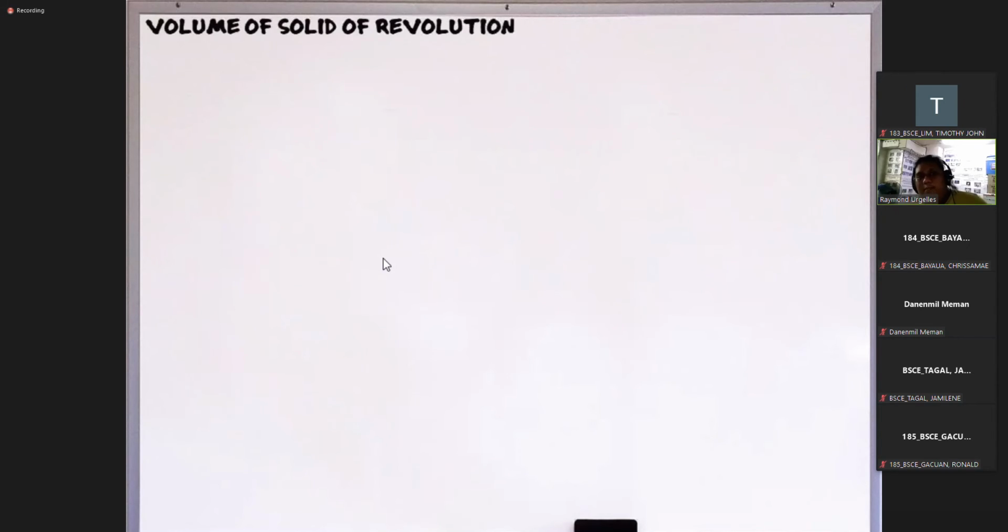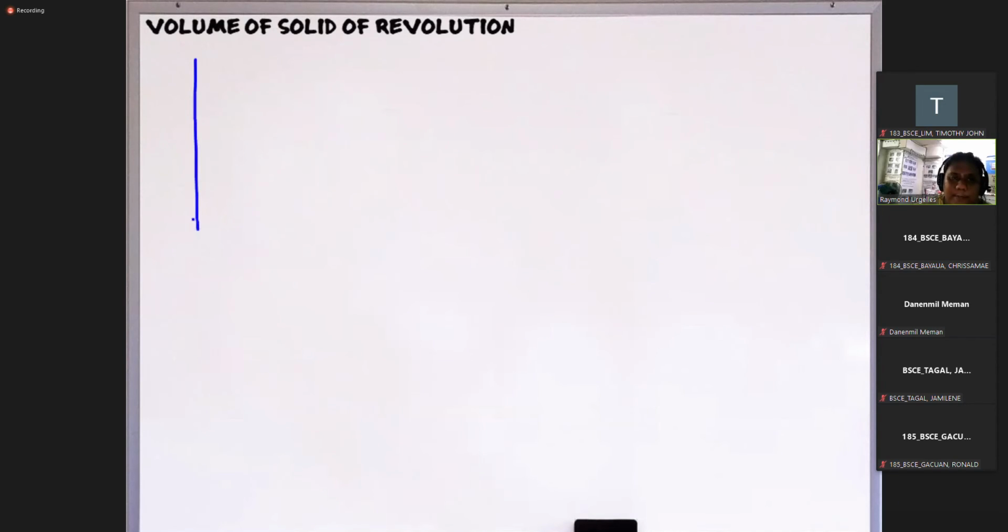So now let's discuss what we call the volume of a solid of revolution. As the name implies, when we say solid of revolution, this is a solid, right? Which we get by revolving a curve about an axis, or by revolving an area with respect to an axis, right?